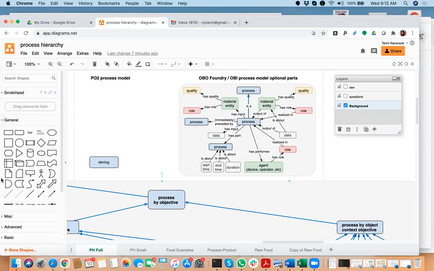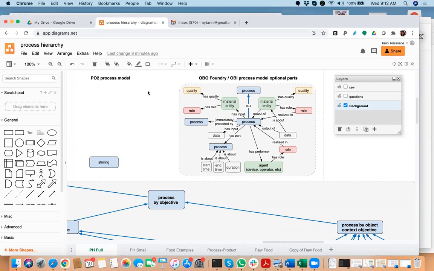COB is this new joint ontology that they're developing to make it easier to borrow pieces from OBO Foundry ontologies by borrowing the common ones. And so all of this process ontology stuff could fit within this new COB ontology directly.